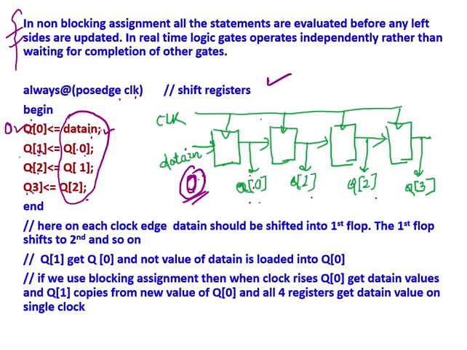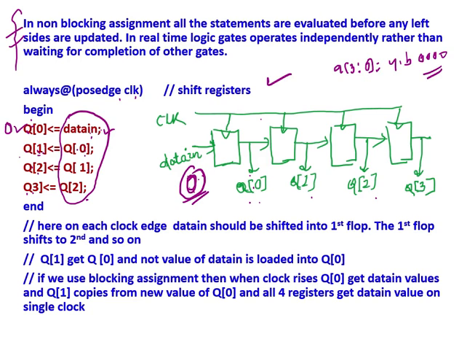That's why when designing a shift register, a sequential logic design, we normally mention Q[3:0] equals 4'b0000. We assign a predefined value to our output, so that it won't be unknown or a floating value.